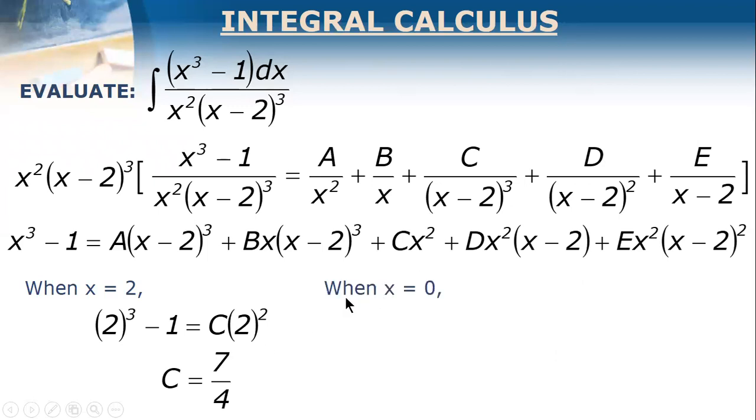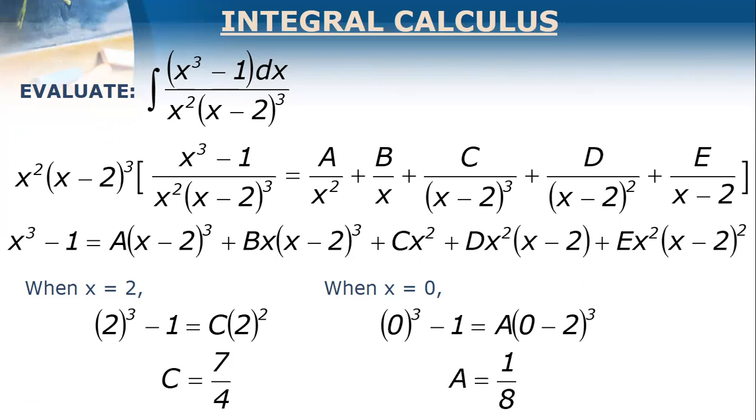And the next is when x is equal to 0. So when 0, second term 0, third 0, fourth 0, fifth 0. Then we can solve for A. So 0 and then 0 and we have this. And A is equal to 1 over 8. Okay.